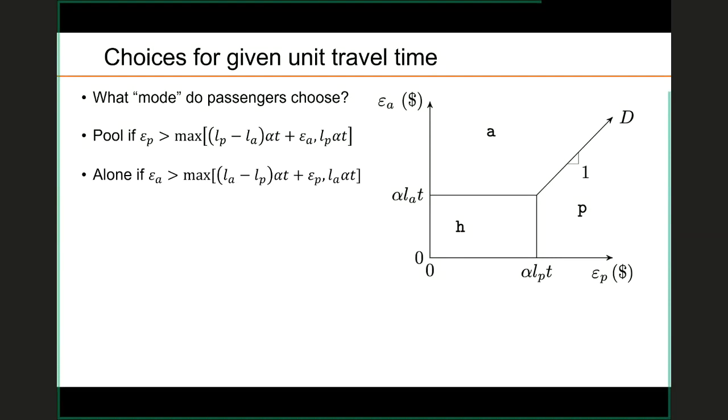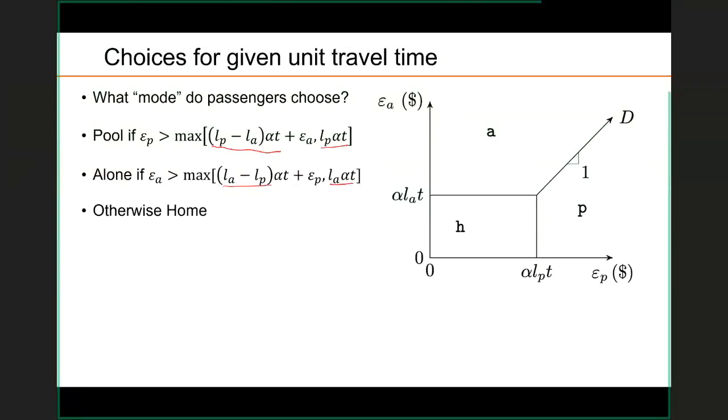By exceeding this, we're saying the benefit is bigger than the benefit of alone, and here it's better than staying home. And when this is true, it's better than taking pool and better than staying home. Otherwise, they choose home.